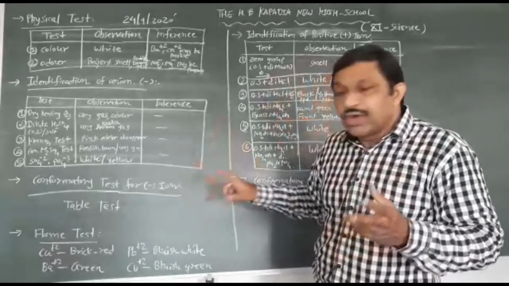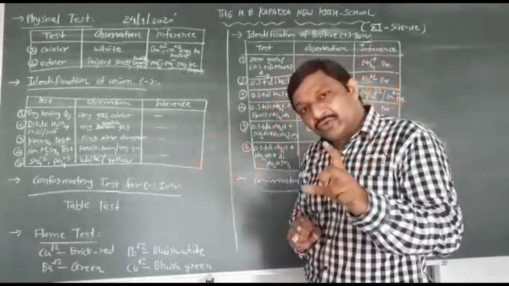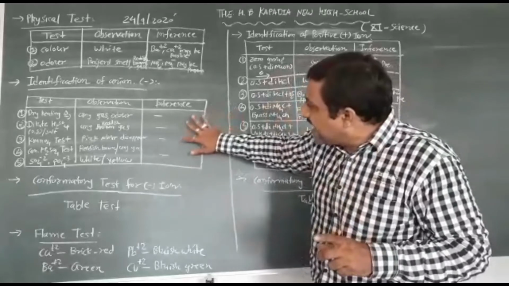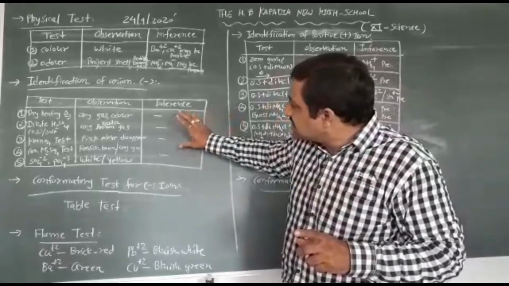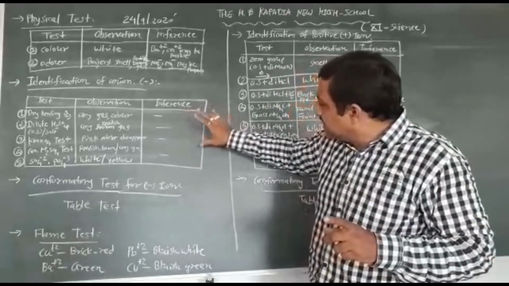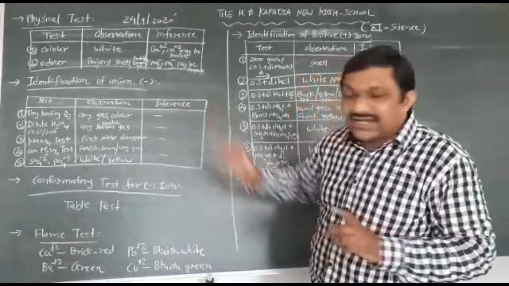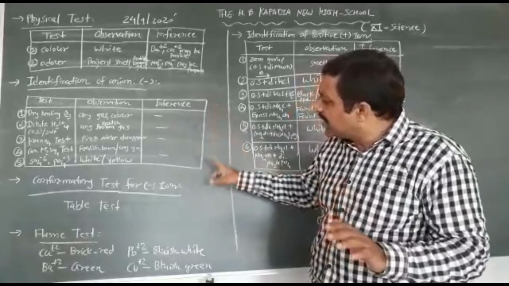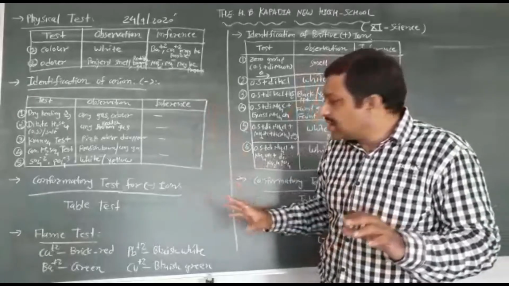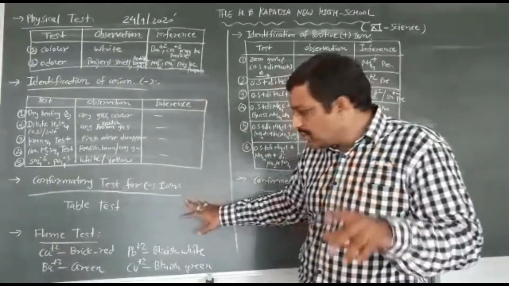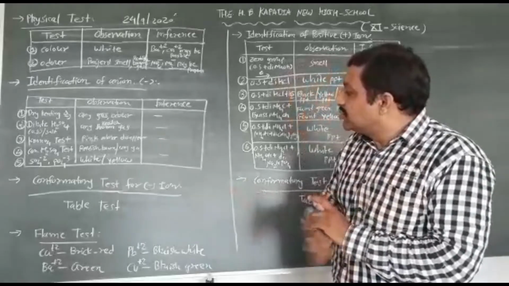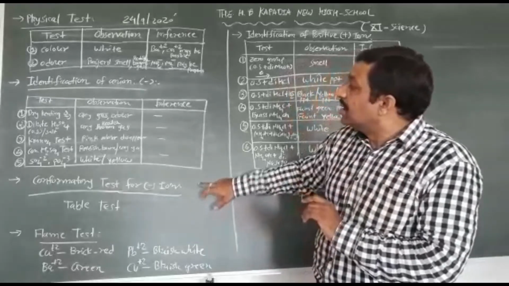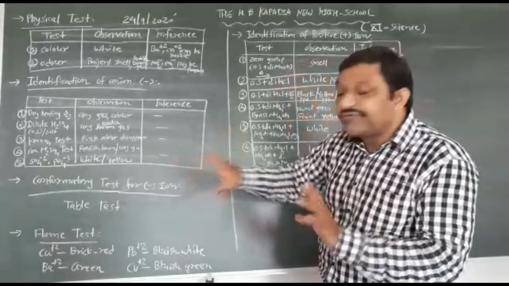Your test must be positive, because you caught this negative ion in your identification of anion test. Then you perform the confirmatory test, and it must be positive. So you have to confirm your negative ion through the confirmatory test.